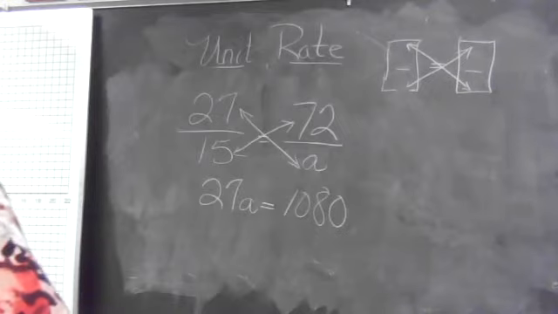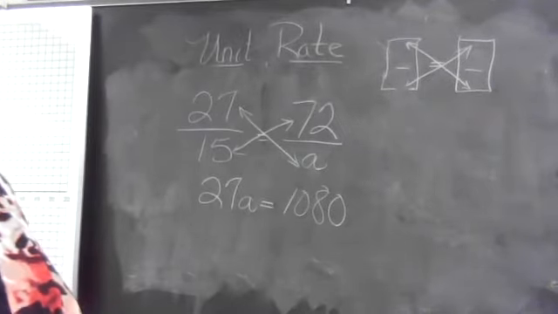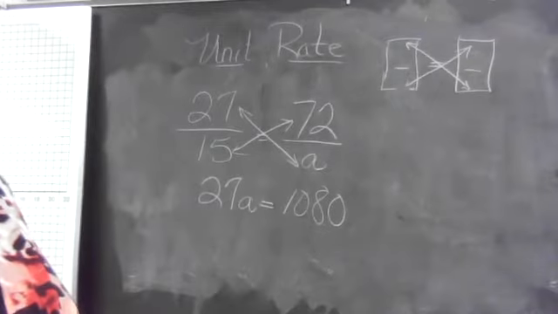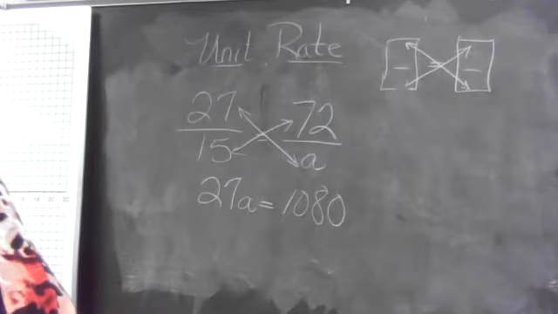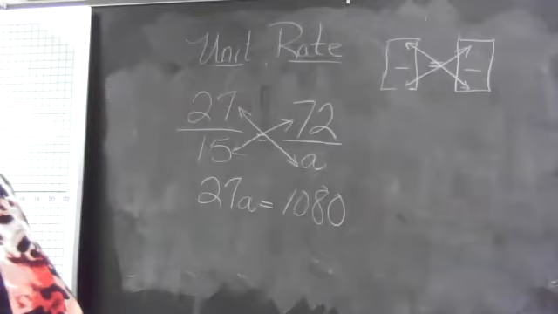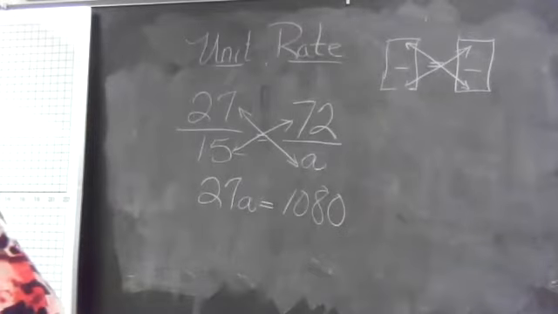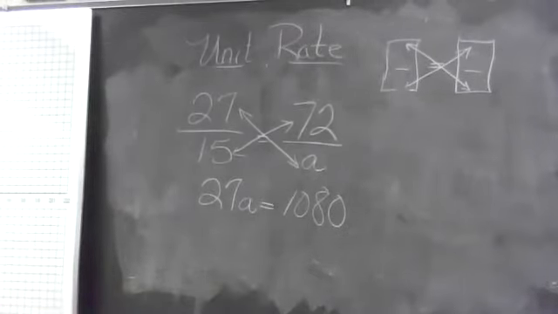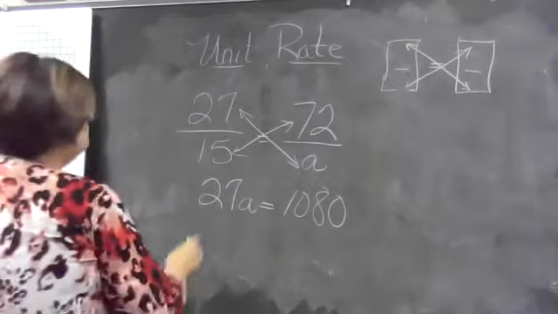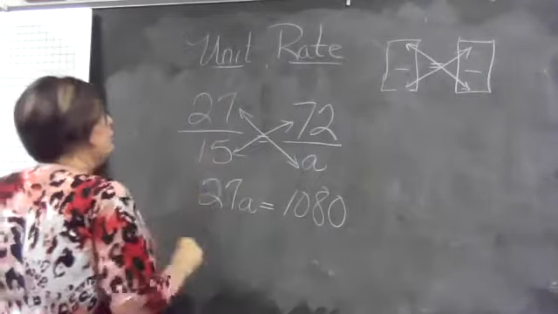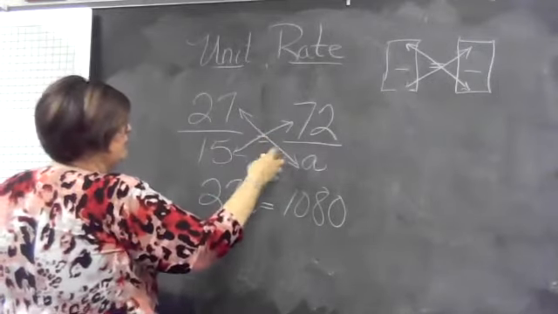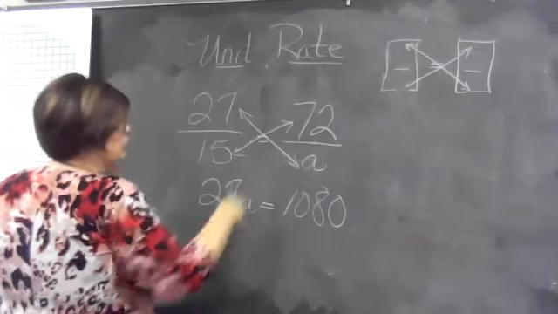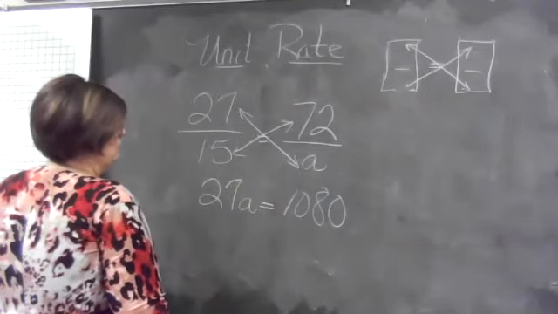Okay, well, I don't understand how 27A is equal to 1,080. Because of our definition of proportions, you can be sure that this will be true if what you're looking at is a proportion.